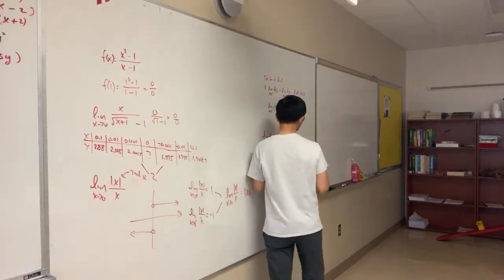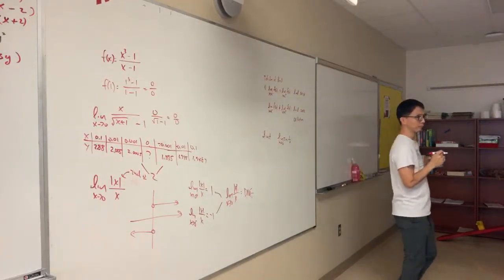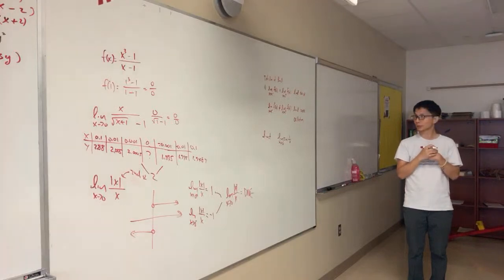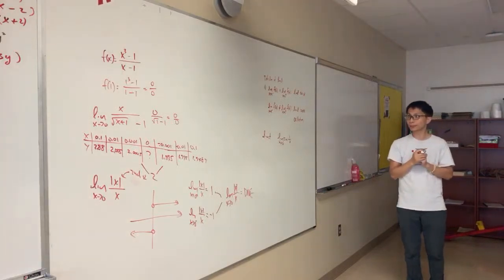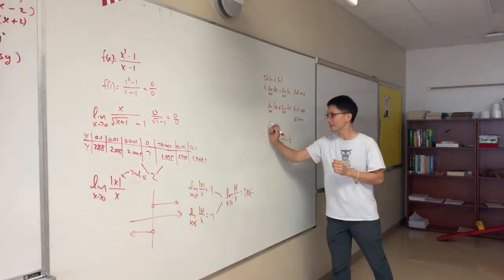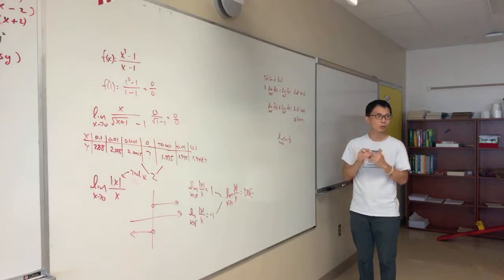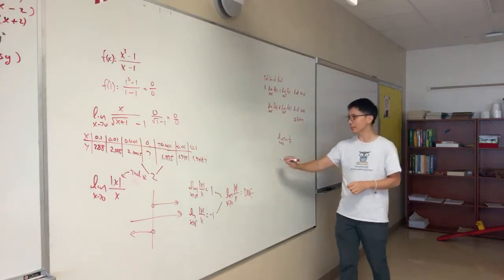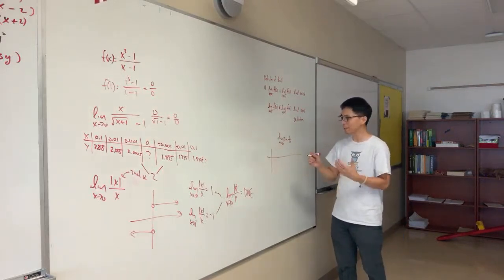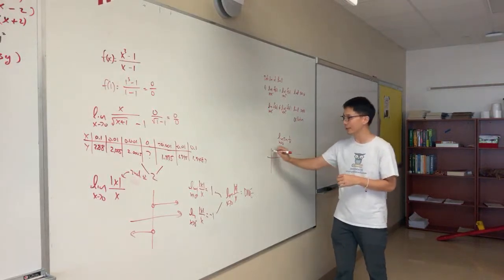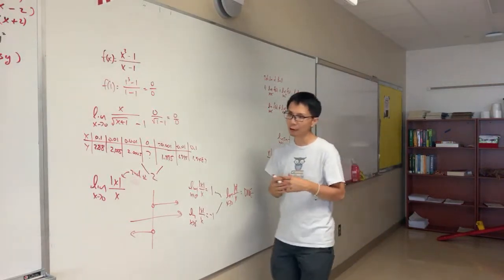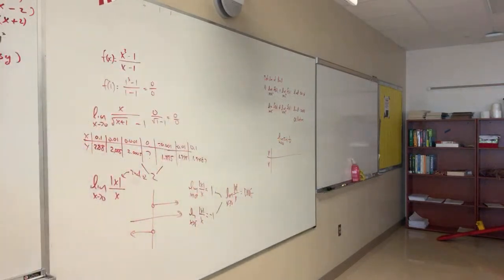As x approaches 0, this is the case we say: limit as x approaches 0 of sine of 1 over x. What we're going to do is pick a couple of values. So it's 1 over x, and we're going to pick x and y. The values I'm going to pick are 2 over pi, 2 over 3 pi, 2 over 5 pi, 2 over 7 pi, 2 over 9 pi, 2 over 11 pi.